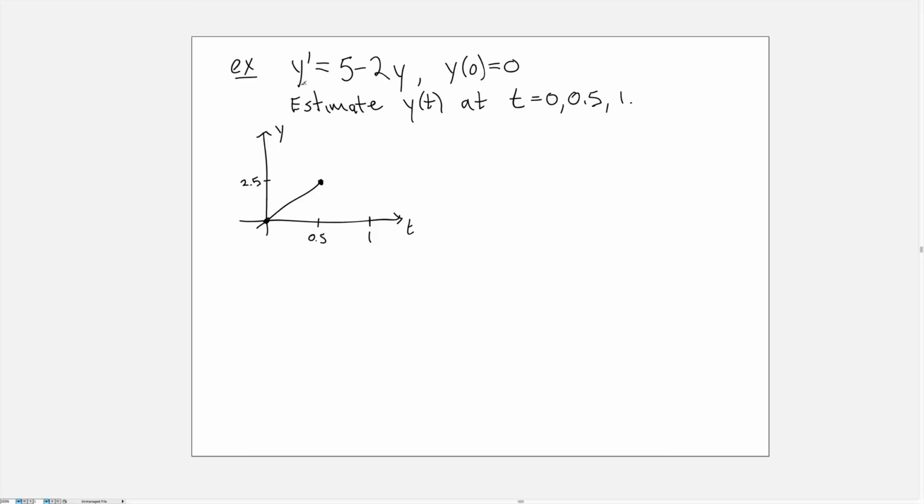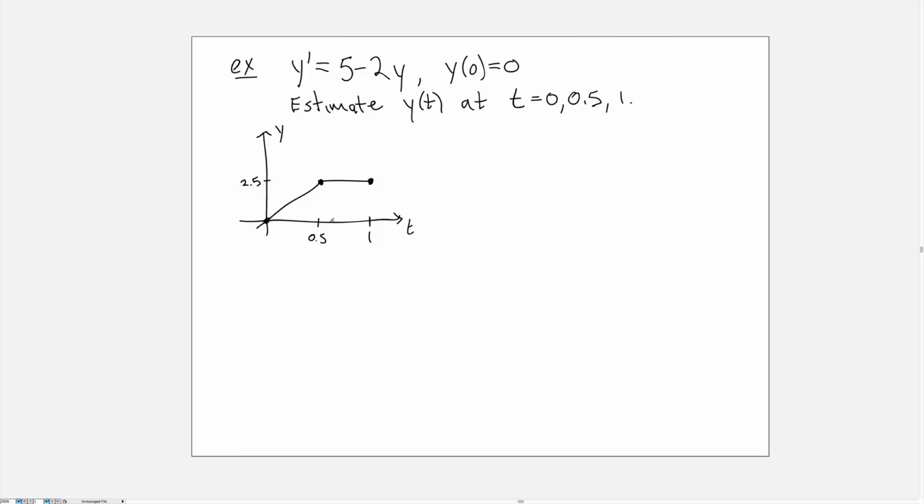That gives me y prime is equal to 5 minus 2 times 2.5. 2 times 2.5 is 5, so that's equal to 0. If I have a slope of 0 at this point, then for my next interval I'm going to have a flat line like that, and that will be my next approximation as well. Now we know the function does not do this, but this is our Euler's method approximation.